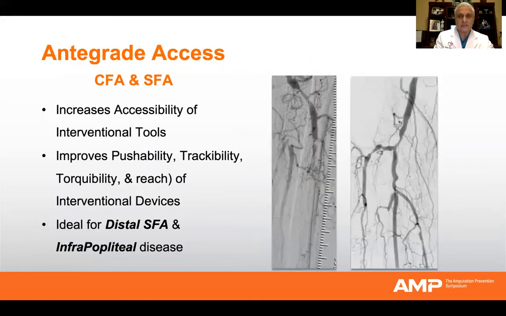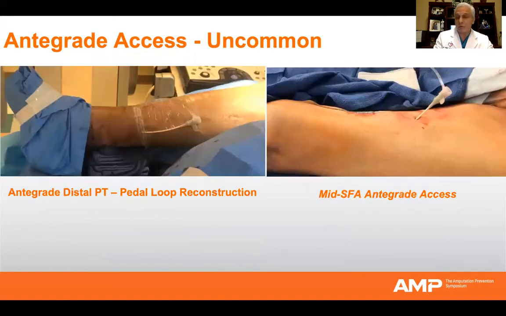Antegrade access is much more commonly utilized for CLI patients because most of the disease is infrapopliteal, in the tibials and distal SFA. This gives you direct accessibility to those tibials, improving, as I talked about, pushability and accessibility, going all the way to the pedal loop. Devices will have no problem.